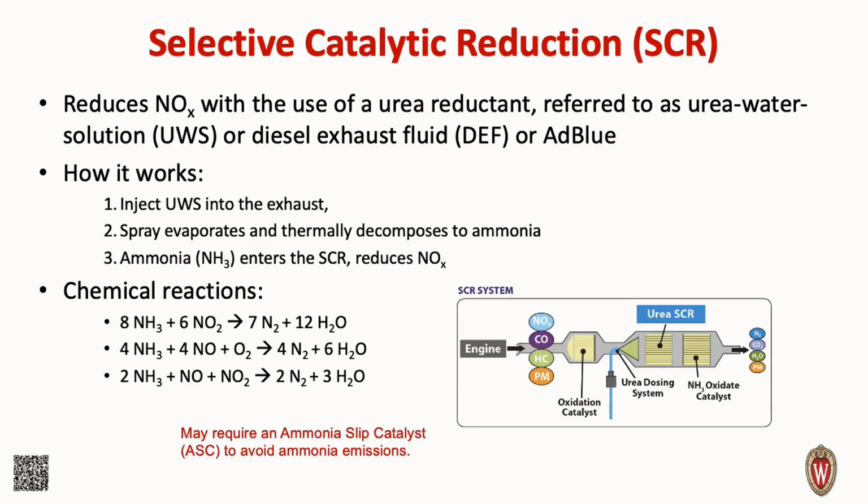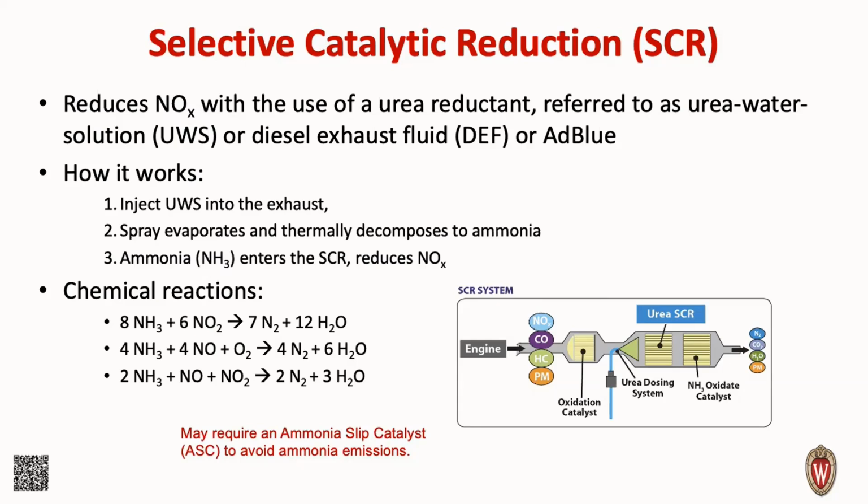Now, the one thing I want to point out here is that it's really important to have enough ammonia to get these reactions going, so that might mean you dose with a little bit extra. But ammonia is a regulated emission, and that is why sometimes there is an ammonia slip catalyst, an ASC, after the SCR that is there to oxidize any ammonia in excess in the SCR.